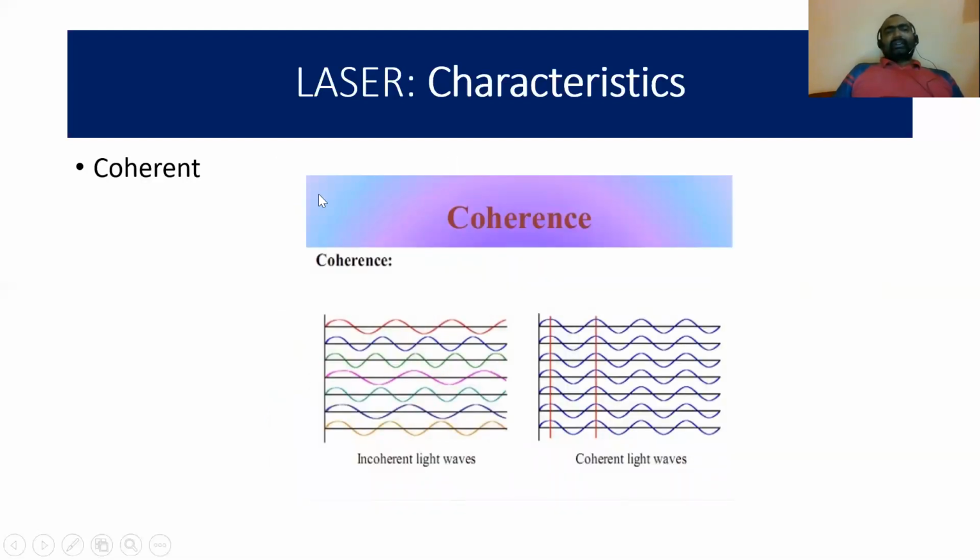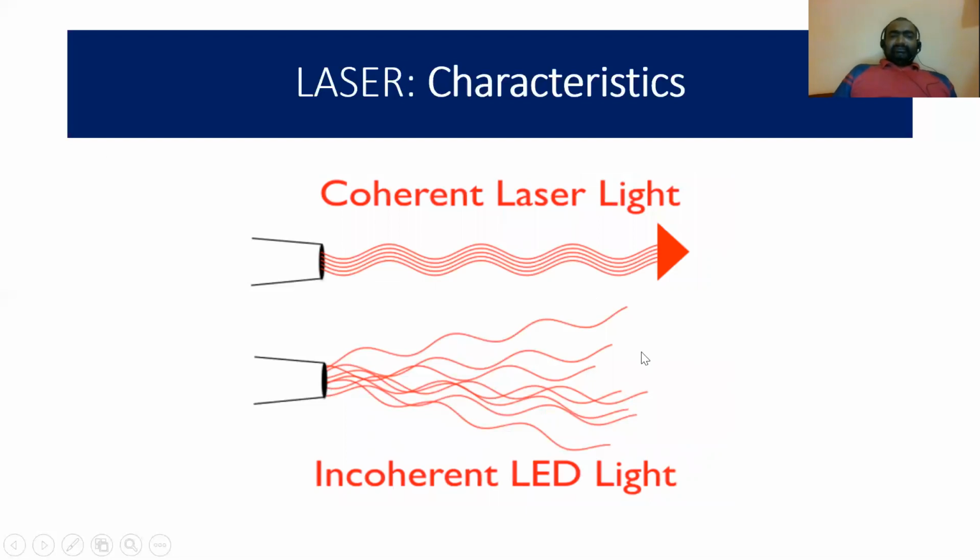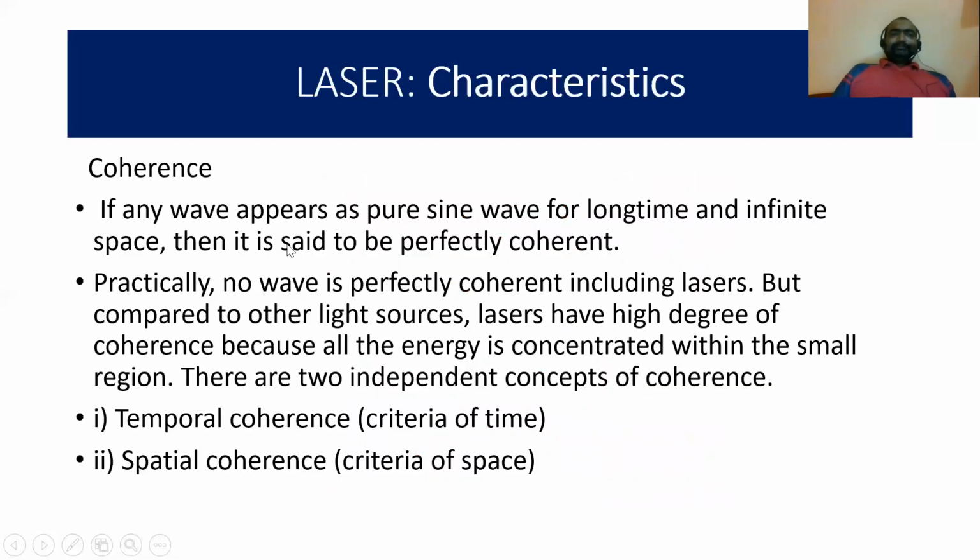Next one is coherence. Laser light is highly coherent. Let us see what coherence is. This figure represents incoherent light waves and this figure represents coherent light waves. Let us see what coherence is in detail.